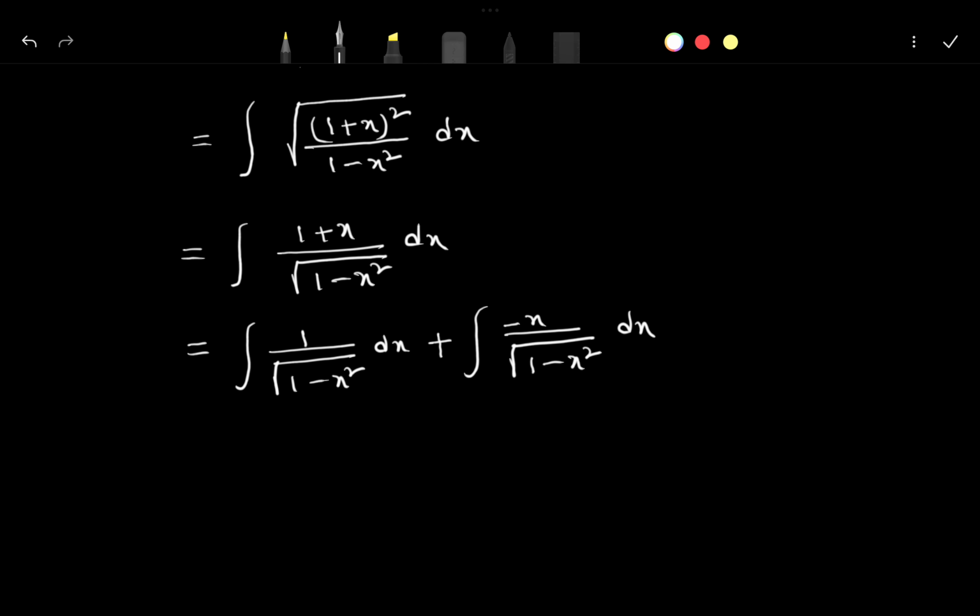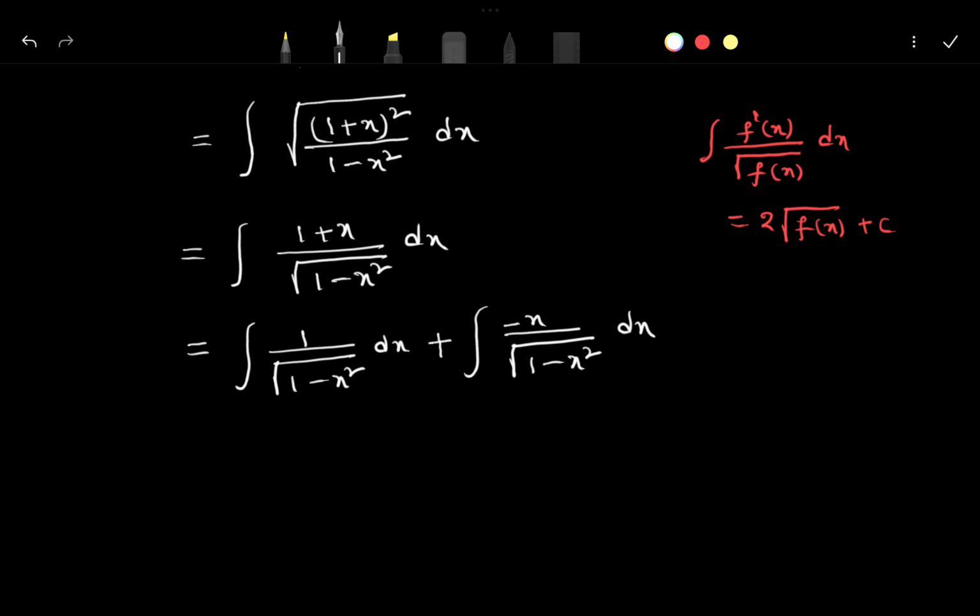Now you know one formula in integration: integration of f dash of x divided by root f of x, integration of f dash x by root f of x, will be 2 into square root of f of x. So this is that one formula in integration.